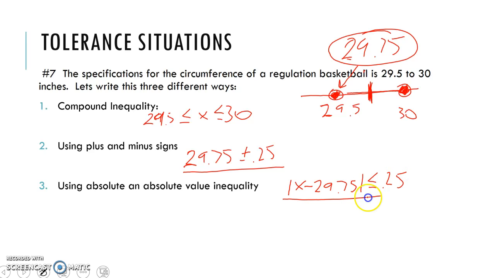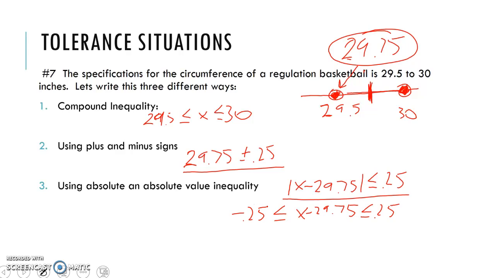Why does this work? Well, it works because of what we just talked about in the last slide. If I'm going to write this inequality, I would have x minus 29.75 could really be less than or equal to 0.25, and it could be greater than or equal to negative 0.25.